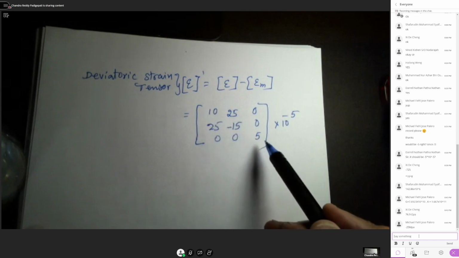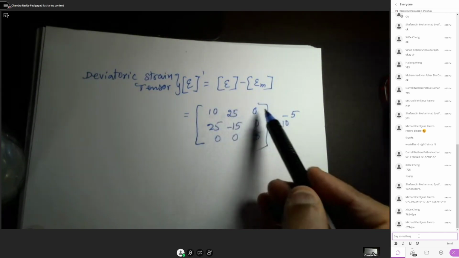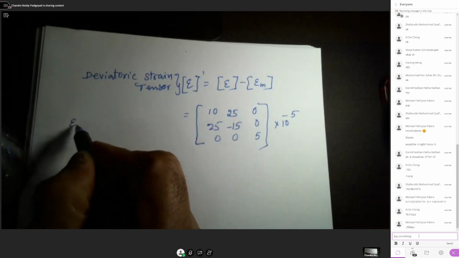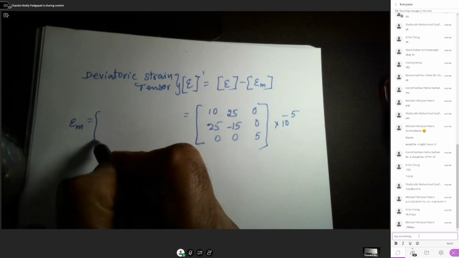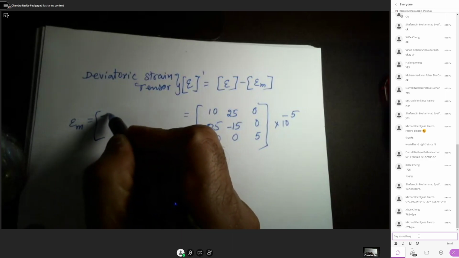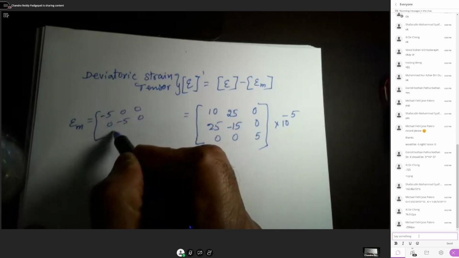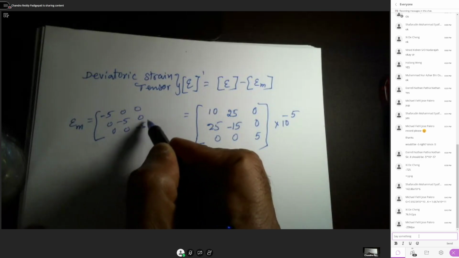So mean means only the diagonal value. So all other values will be 0. So we can write the mean strain tensor as -5, 0, 0, 0, -5, 0, 0, 0, -5.